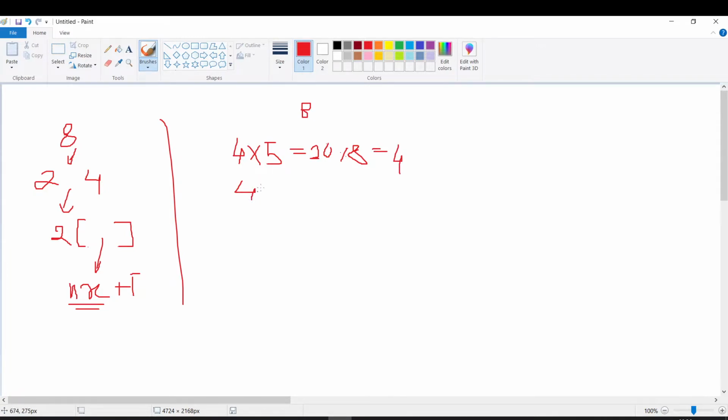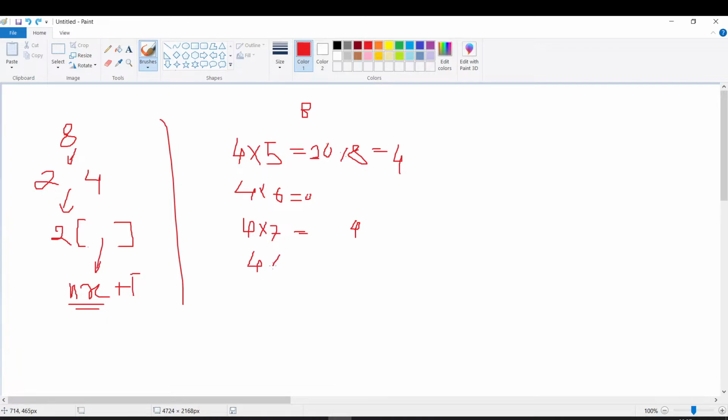Now 4 into 6 is a multiple of 8 itself, so it will be 0. Otherwise, 4 into 7 is 28, the modulo will again be 4. 4 into 8, it's 0.